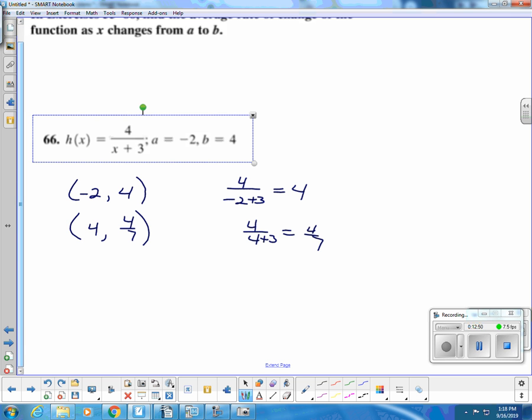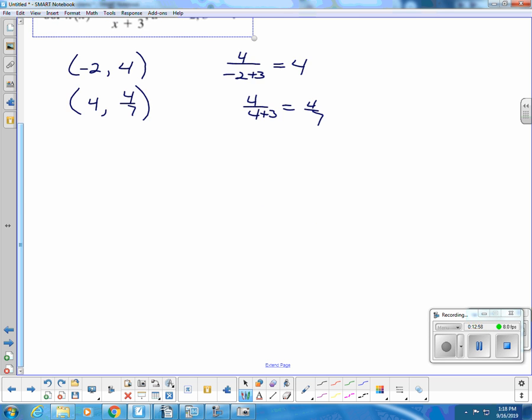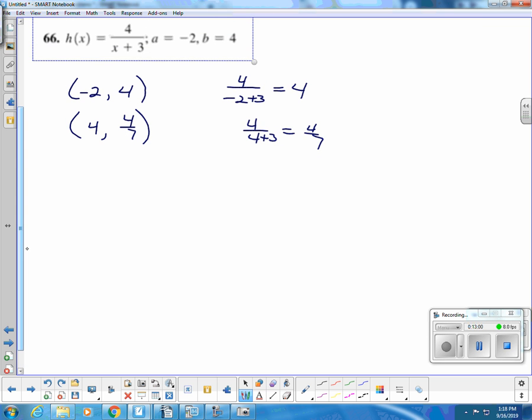And then since they want the average rate of change, they want you to find the slope between those 2 points. Okay? So if I'm wanting the slope, it's going to be second y minus the first y over second x minus the first x. So again, we have a fraction here. You've got to be able to add and subtract fractions.